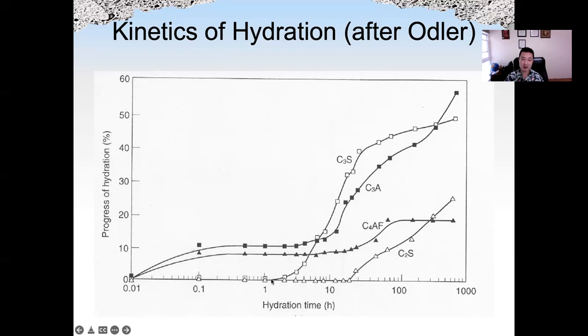C3S will not hydrate until the first hour. But for C2S, on this log scale, 10, 20, 30 to 40 hours, then the hydration of C2S kicks in.